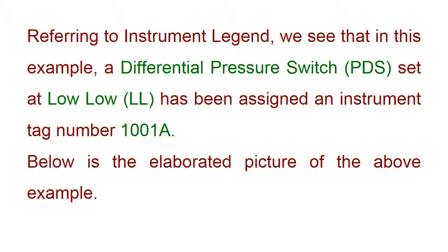Referring to instrument legend, we see that in this example, a differential pressure switch, PDS, set at low LL, has been assigned an instrument tag number 1001. Below is the elaborated picture of the above example.